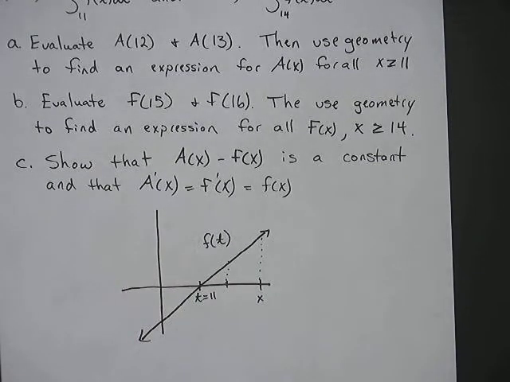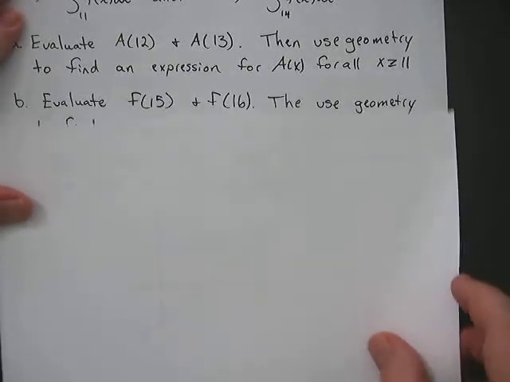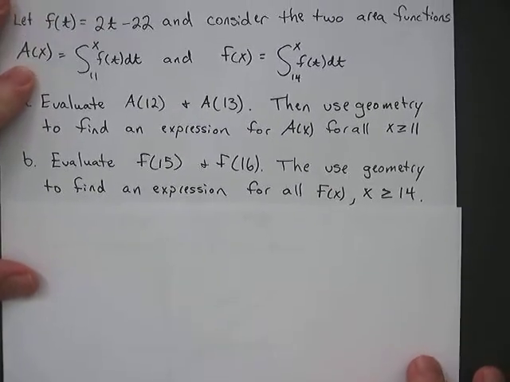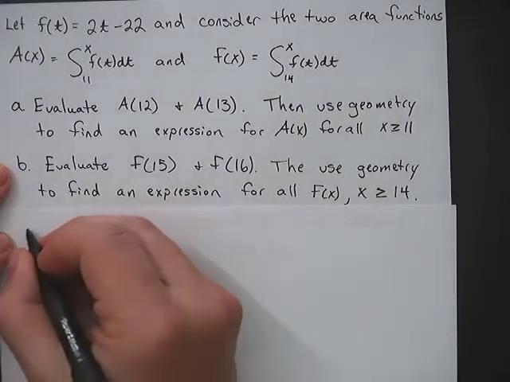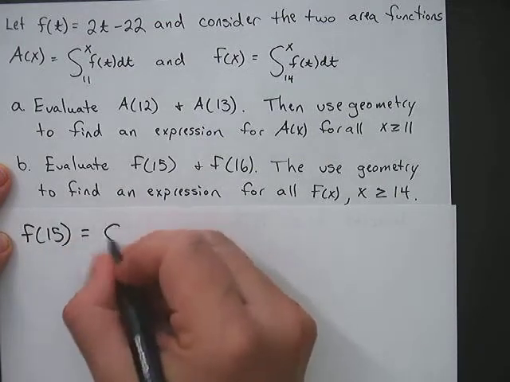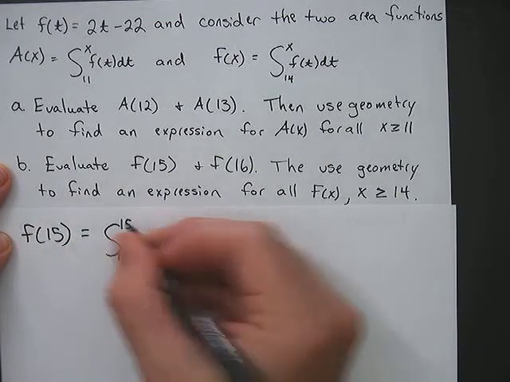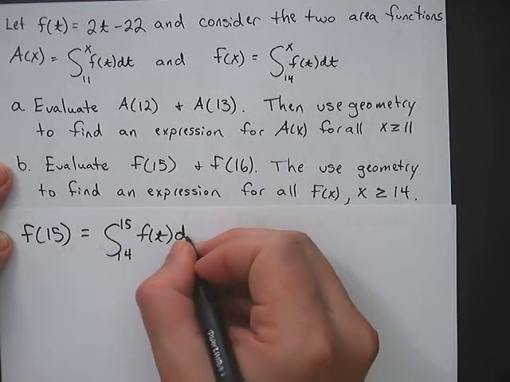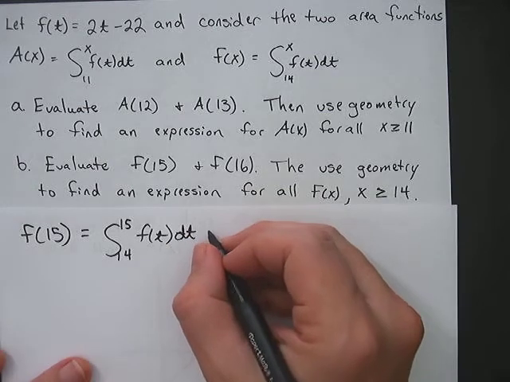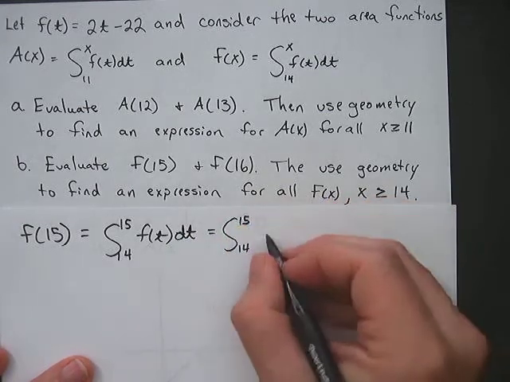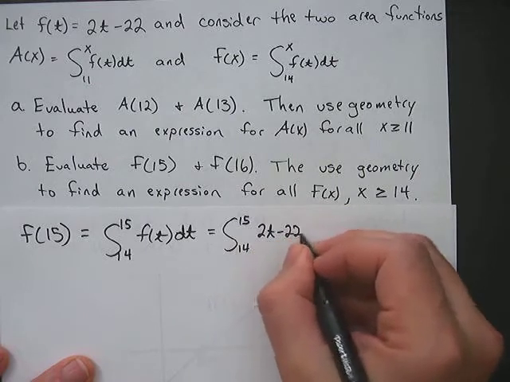So let's begin. The first thing we want to do is evaluate F of 15 and F of 16. F of 15 is equal to the integral from 14 to 15 of f of t dt, which is the integral from 14 to 15 of 2t minus 22 dt.